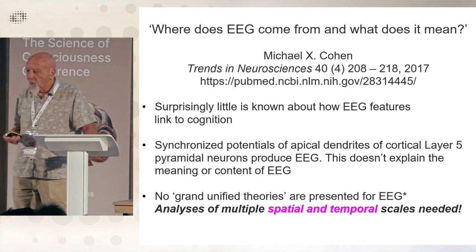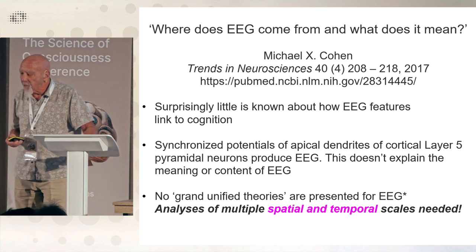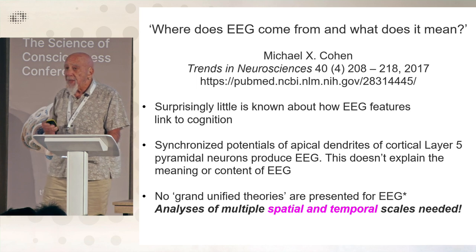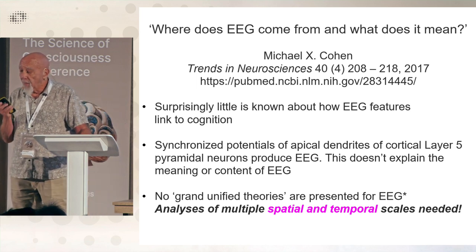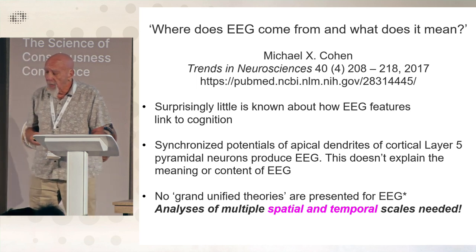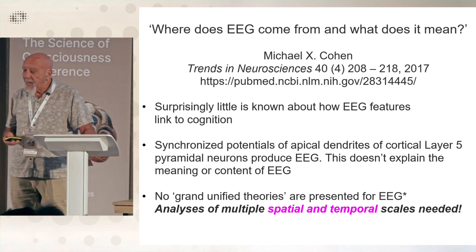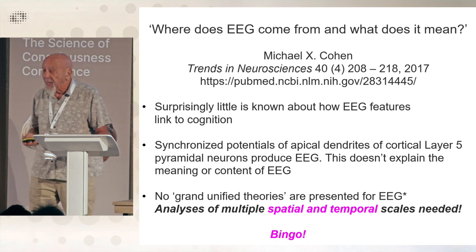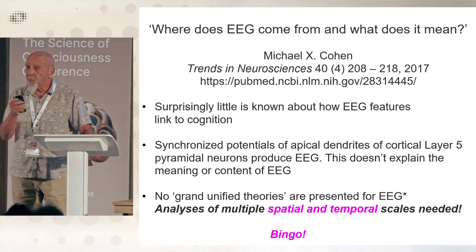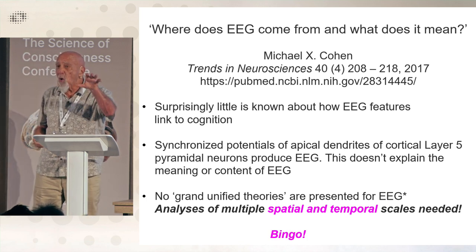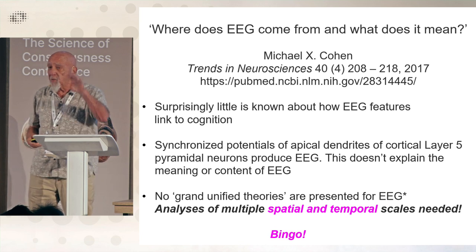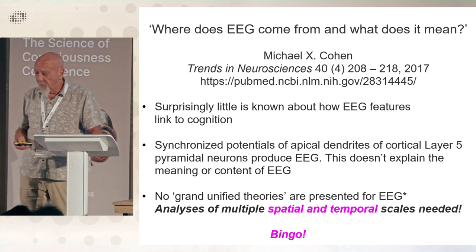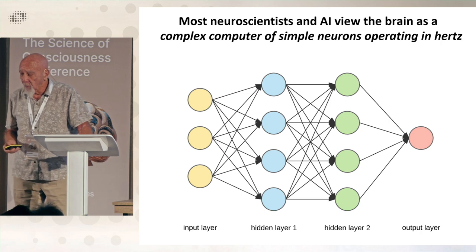And Michael X. Cohen said, there are no grand unified theories presented for EEG. The asterisk indicates that there is one now, and I'll come to it later. And finally, he said, analysis of multiple spatial and temporal scales is needed. That's a bingo. That's exactly the problem, because EEG is just the slow end of a much greater hierarchy of frequencies, which is what we're going to get to.